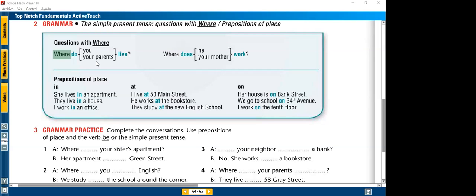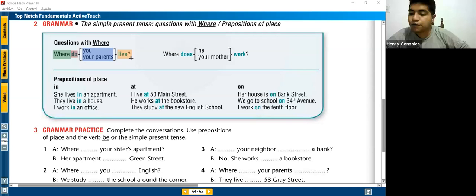After the auxiliary, you have the subject, que es la persona que realiza la acción, ¿no? And after that, students, you have the verb in the base form. And that is the structure.